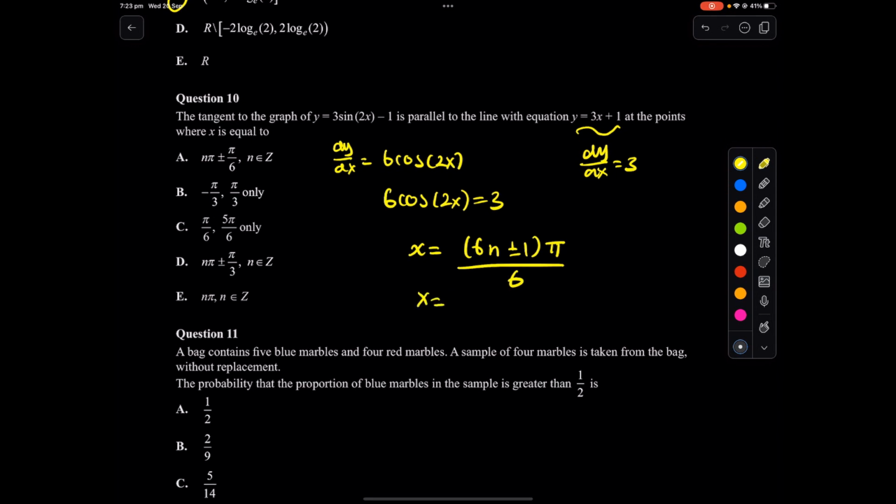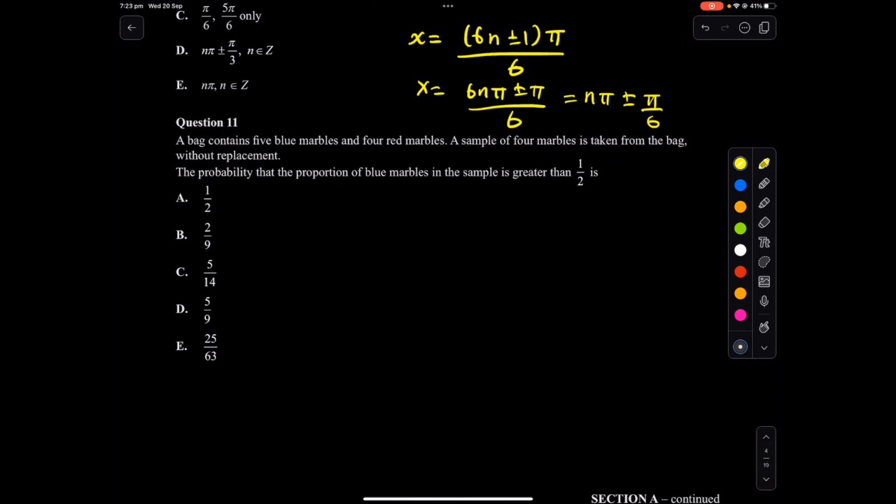So just expanding that, we can get 6n pi plus or negative pi over 6. That'll be n pi plus or negative pi on 6. Which one does that look like? Choose A. Perfect.